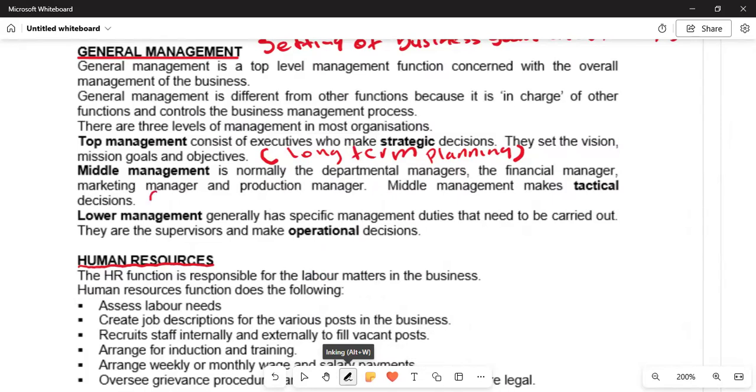Implement. They are implementing policies and coordinating the departments.